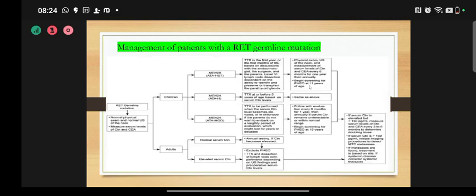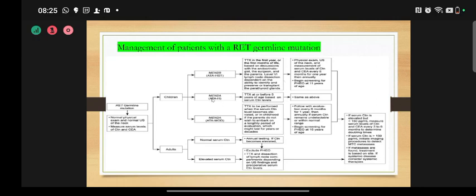For the management of a patient with a RET germline mutation, we should do a physical examination and measure the calcitonin and CEA. In children with the highest risk, MEN2B, that is the 918 codon mutation, we should subject these kids to prophylactic thyroidectomy in the first year of life, and they should be monitored with 6-monthly calcitonin levels and ultrasound, and screened for pheochromocytoma at the age of 11.